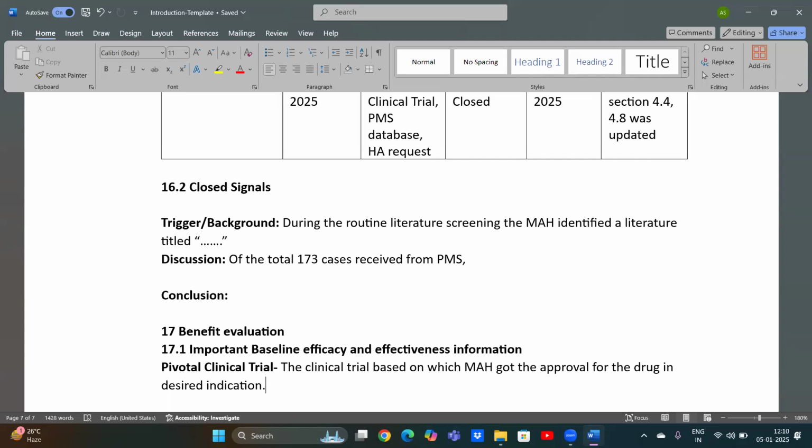This is the minimum that is expected from that drug for the approved indication. Or anything else? Tell me, people, anything else? What do you understand by baseline?